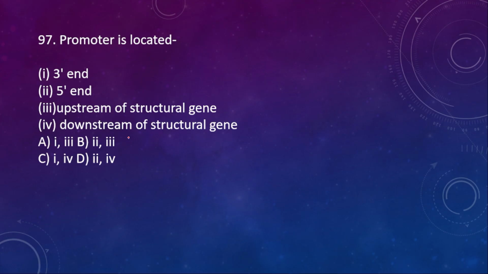Fourth one downstream of the structural gene. So here promoter is located at 5' end, and then it is upstream of the structural gene, not the downstream. So here option B is right.